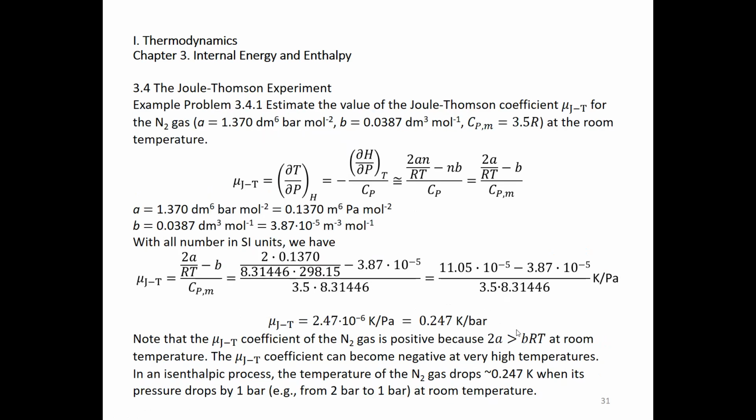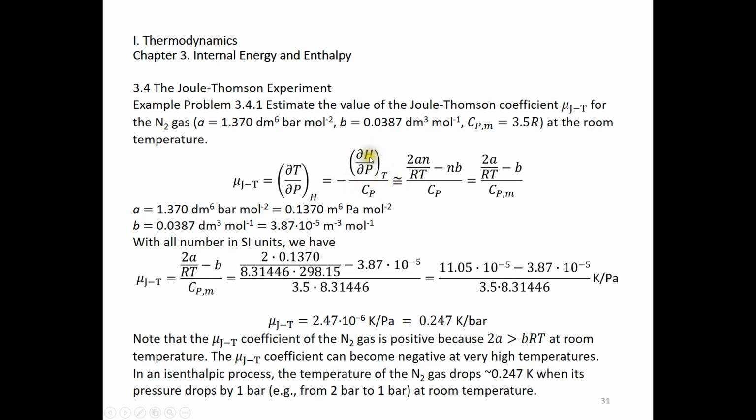Here is one numerical example. Alright, we will examine the nitrogen gas given its van der Waals parameters A and B. We also have CPM of nitrogen, roughly 3.5 R. Now we're going to use this expression: mu JT is delta T over delta P, and over here this is from the triple product rule.